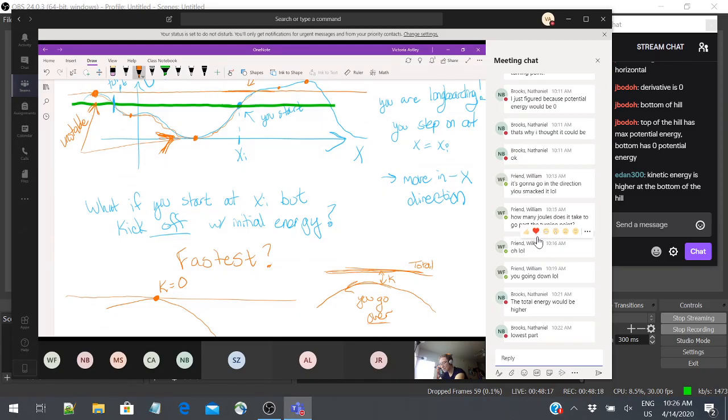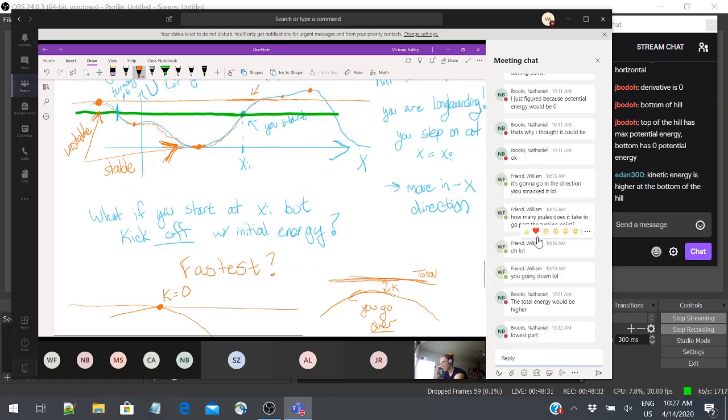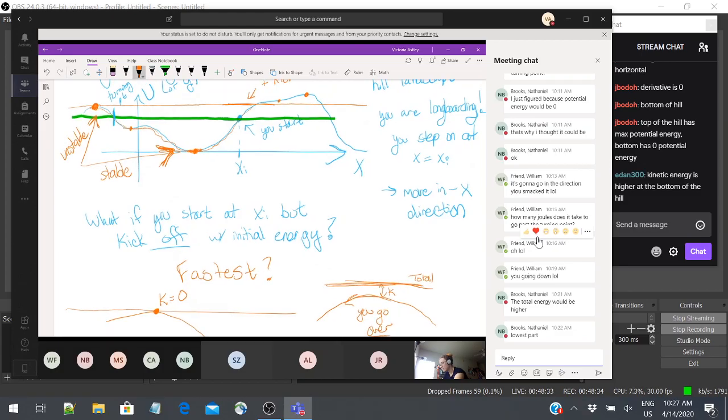Maybe you sneeze, maybe you kick a little bit. You're just going to rotate around that bottom point. This is a stable equilibrium point. A little bit of disruption, you're just going to kind of oscillate around where you are. Up here, if there's a little bit of disruption, you're going to zoom away on a new adventure, right?